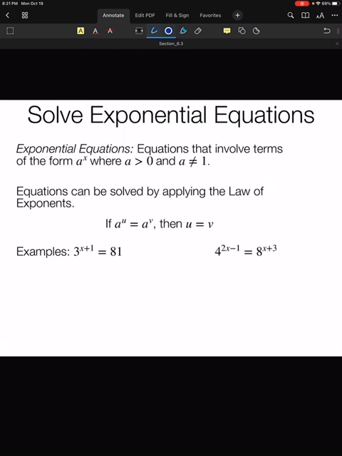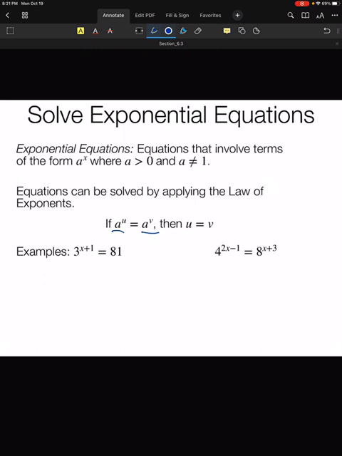And so one law of exponents says that if I have a raised to the u power, and that's equal to a raised to another power, then it must be true that the exponents are equal.